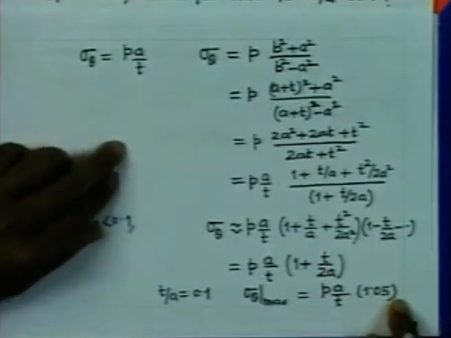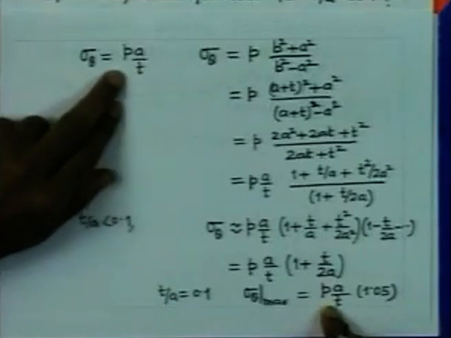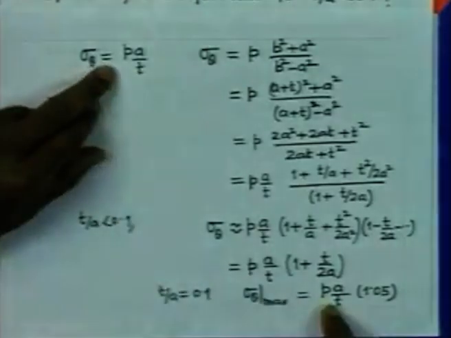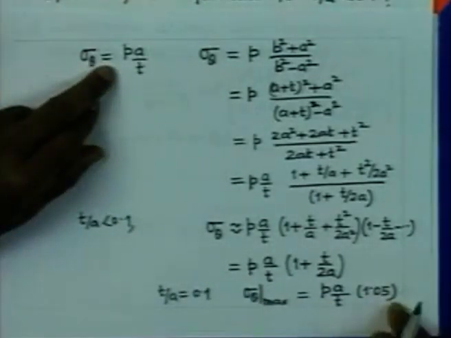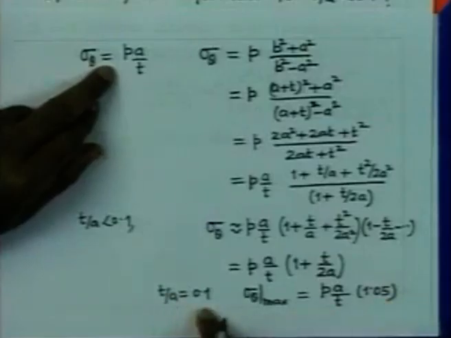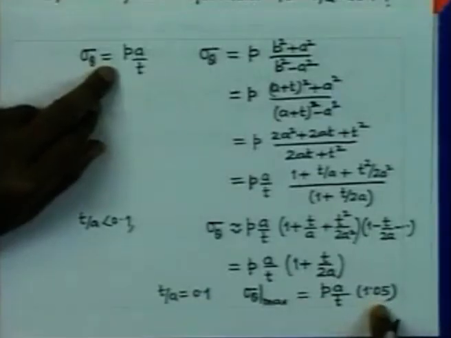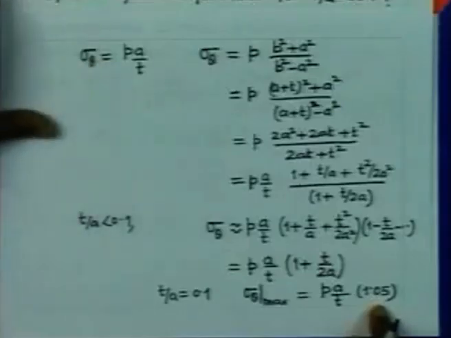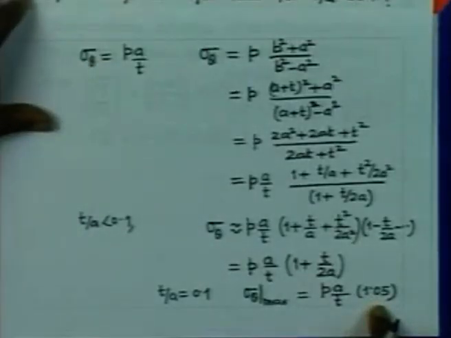So, the maximum stress differs from the thin cylinder formula, which is this, by just 5%. So, if T by A is less than 0.1, then in that case this error in the maximum stress would be less than 5%. That is why we make the restriction that the thin cylinder formula applies for T by A less than 0.1, thereby indicating that error is less than 5%.